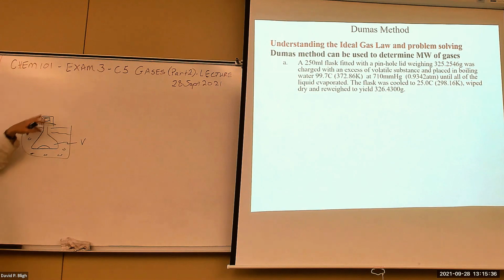So we put an extra cap around it, and we don't use that cap in the weighing process. We weigh the dry beaker with the inner cap on it. Dry. Then we put the other cap on it, and we poke a pinhole through both of them.